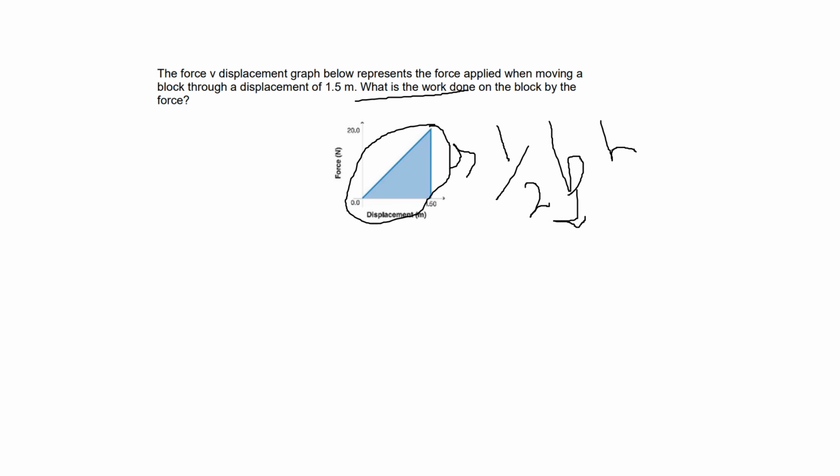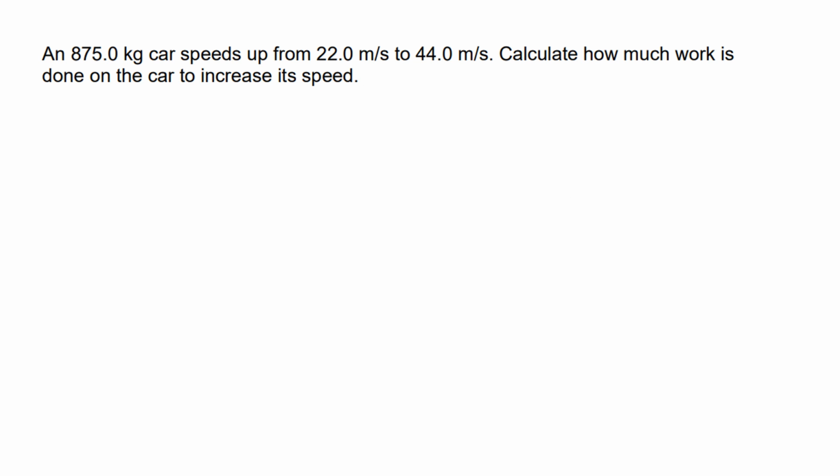We know the base is just displacement, D, and the height is force, F. Or we can even swap them, that won't make any change. And so we would have a half times 20 newtons, which is the force, and then 1.5 displacement, which would give us 15 joules of work.